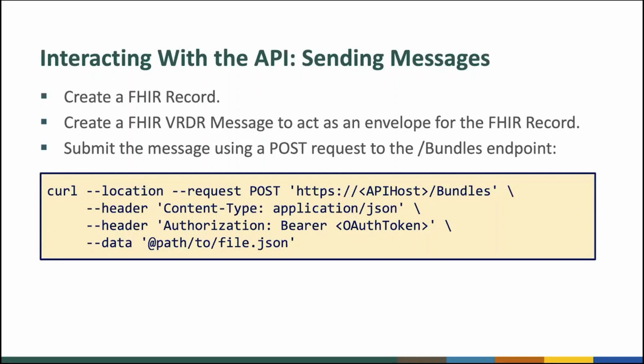It's a simple string, and then the data itself. And so with that, a record is submitted to NCHS via the API. And this is the same process for initial submissions, for updates, for voids, and so forth. Any sending of a message or a record to NCHS is done using this same process.